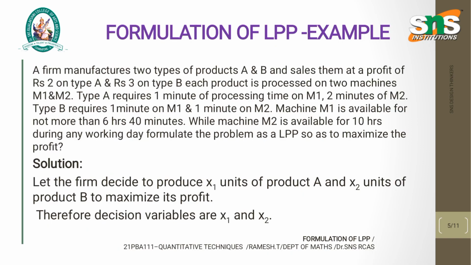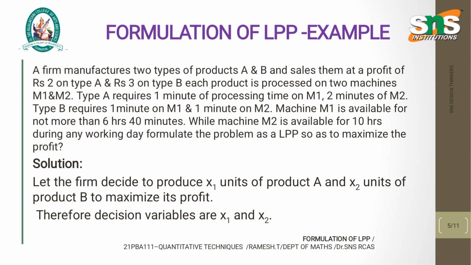So now we discuss one example on how to formulate a given problem as LPP. Consider this problem. A firm manufactures two types of products A and B and sells them at a profit of rupees 2 on type A and rupees 3 on type B. Each product is processed on two machines M1 and M2.